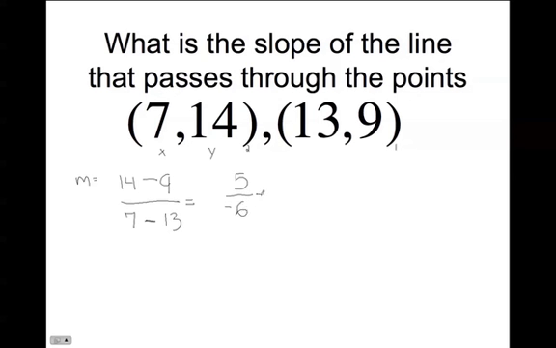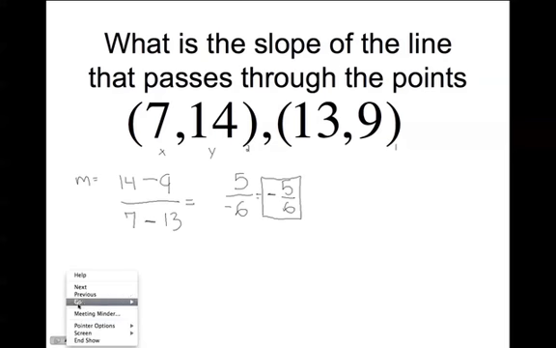So our whole fraction, because a positive 5 divided by a negative 6, the whole fraction is negative, and it's negative 5 over 6. All right, beautiful. Let's do it the other way. Let's go ahead and check that, but we'll switch our points, and we'll make the other one point 2, and we'll make the point 13, 9 point 2.